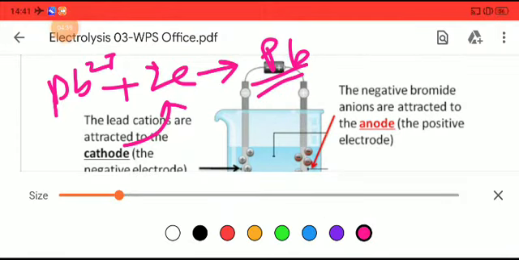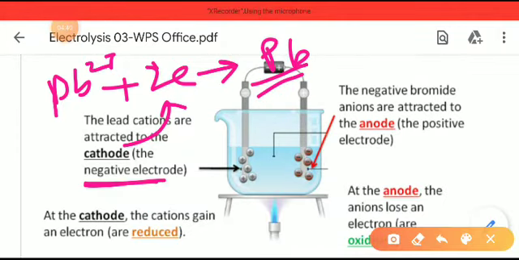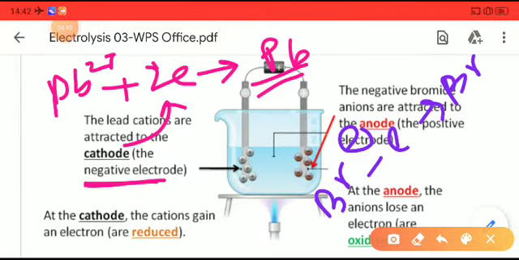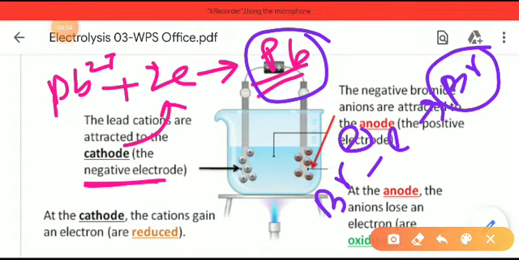Whereas the anode is positively charged, where Br minus leaves its electron and becomes Br. So neutral Pb and neutral Br are formed by this electrolysis process. In the cathode, Pb2+ accepts 2 electrons and becomes neutral Pb. So here reduction is occurring.